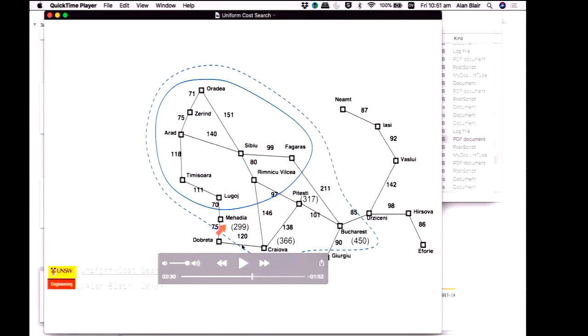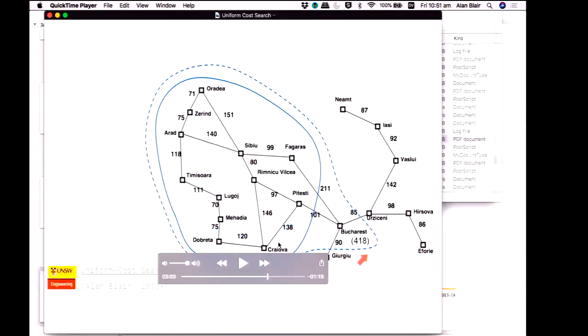So we expand Mehadia, and then we expand Pitesti, and notice what happened here. Before we expanded Pitesti, Bucharest was 450. Afterwards, it goes down to 418. So sometimes our estimates of the distance change as we expand more nodes, and we still can't stop yet because these ones are shorter, so we have to expand Dobreta and Craiova.